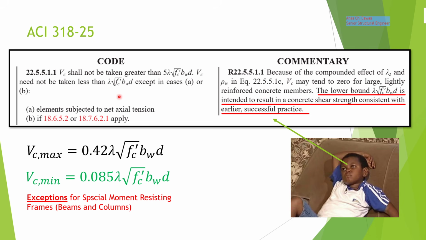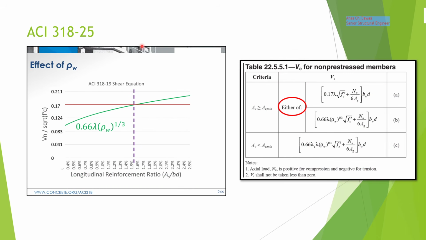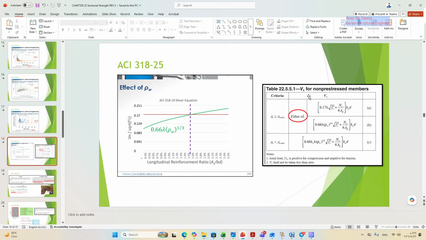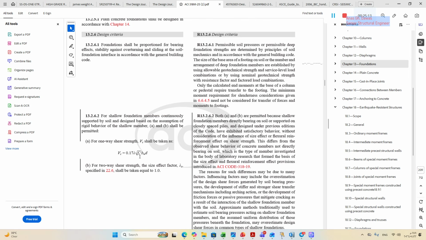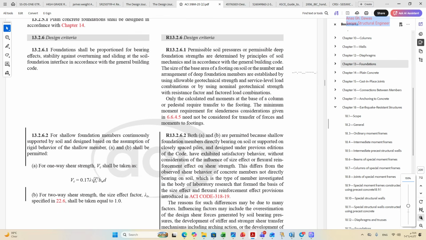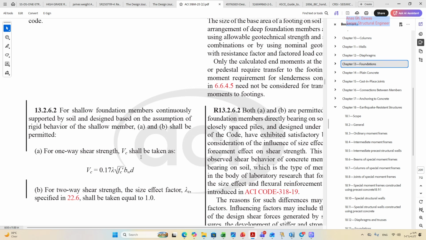Also, I will go back here, I will show you this from the code. In fact, this is ACI 318-25, Chapter 13 for the foundations. If you look here, we have a new major change in the code, as you can see.